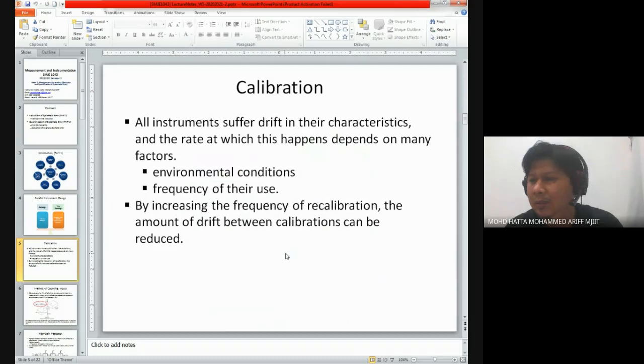And by recalibrating, you can reduce the amount of drift mentioned here. By increasing the frequency of recalibration, we can reduce or control the drift in our measurement.